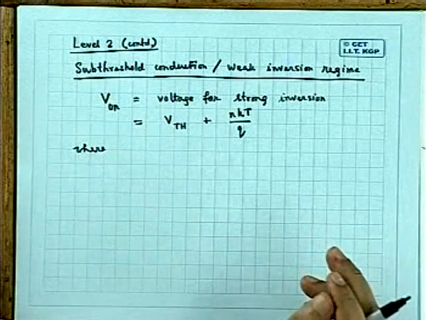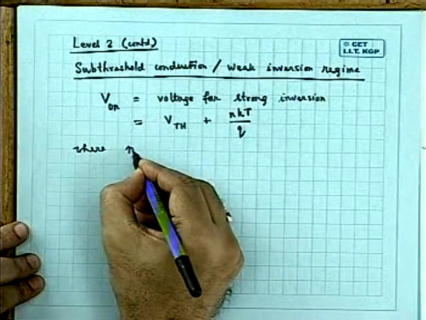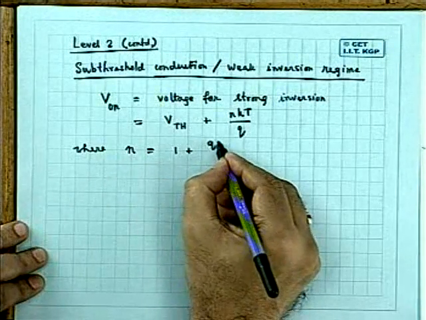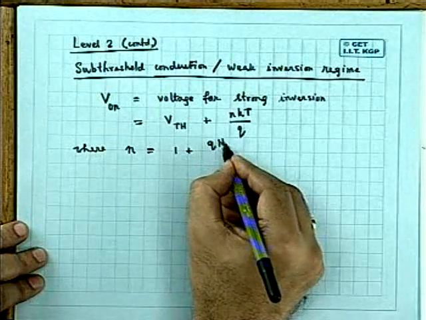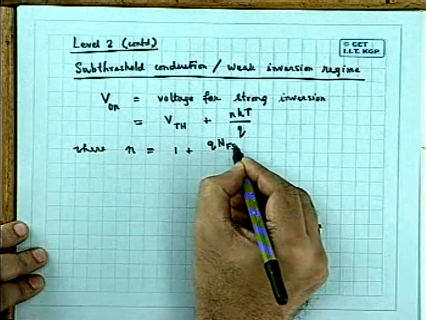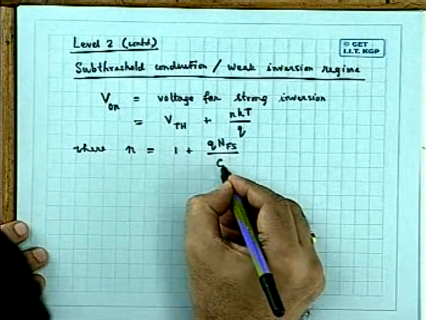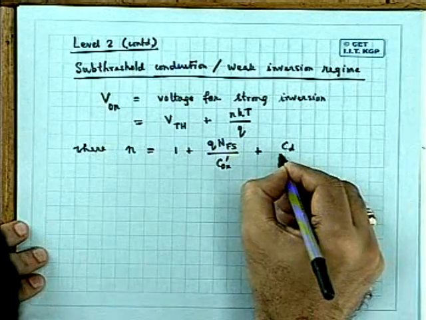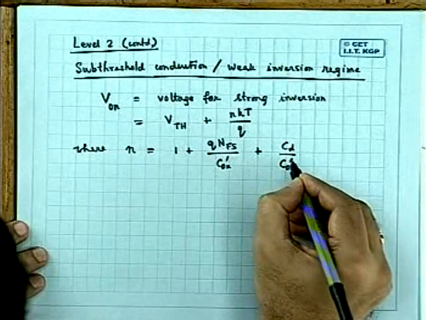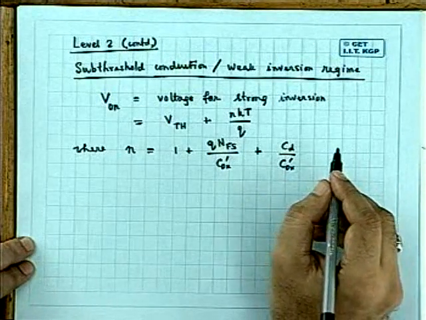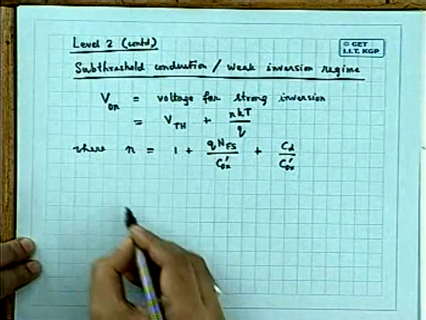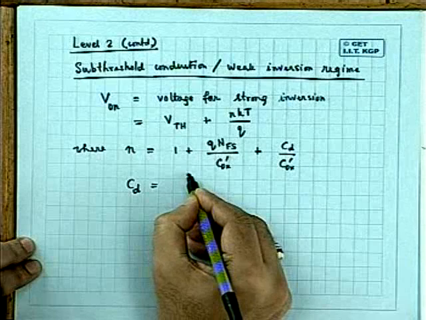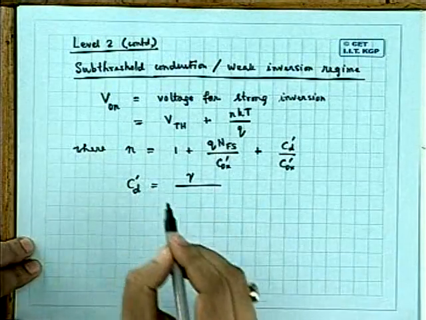Instead of writing some 1, 2, 3, 4, the N is physically modeled through this equation. Let me put a prime here, that will be good.